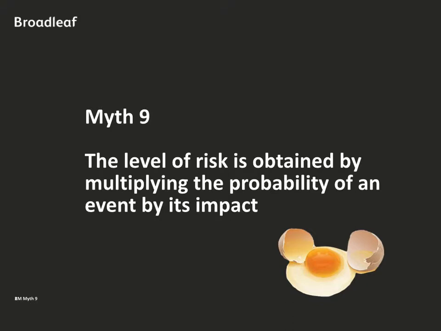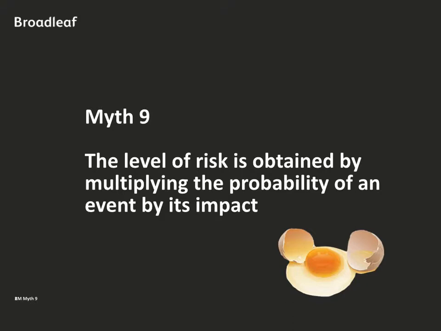Now, there are a number of problems with this statement, and yet it is often quoted in reliable texts, in learned articles and papers, and even in standards. For example, the COSO ERM framework quotes this as the method of determining the level of risk. Indeed, at times it gets confused between the level of risk and risk itself.